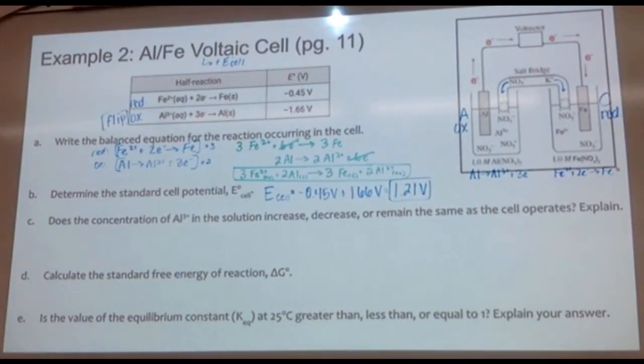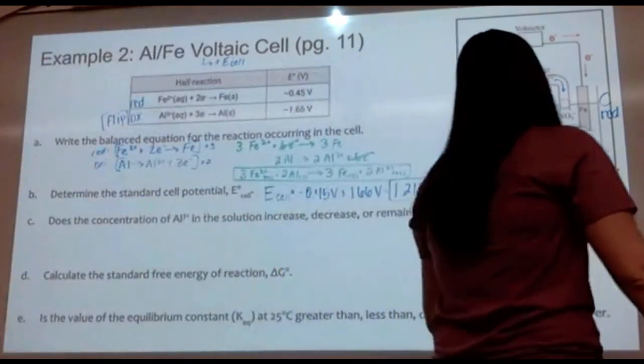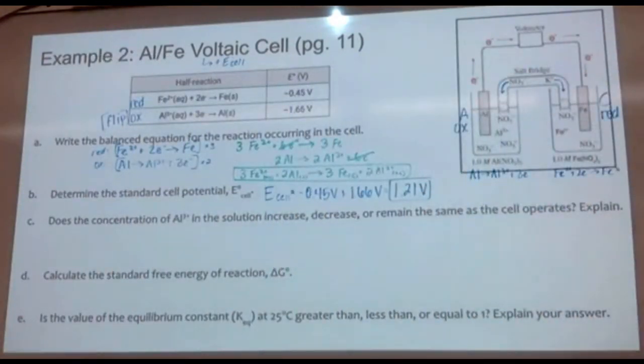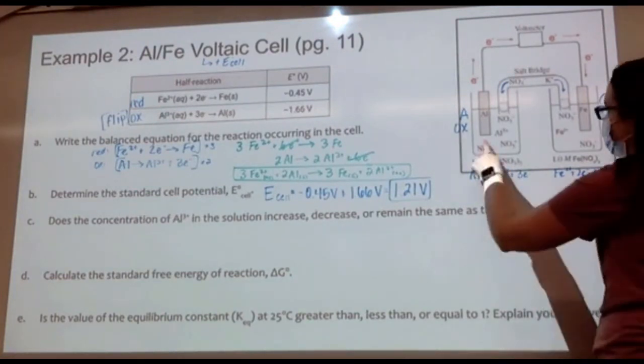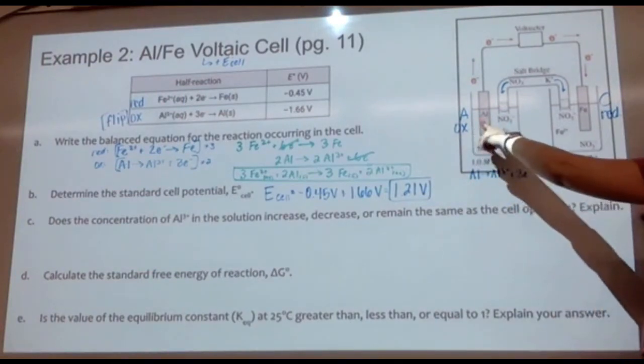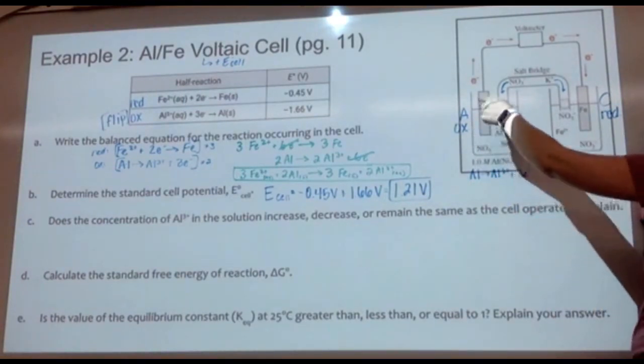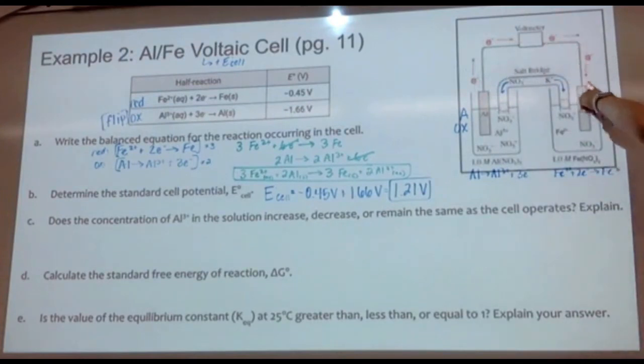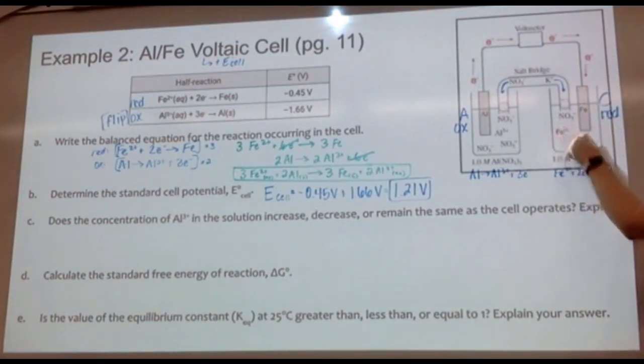So number 3, does the concentration of Al3+ in the solution increase, decrease, or remain the same as the cell operates? Explain. So let's think about what happens as this cell runs. We have oxidation occurring here. We have Al producing Al3+. The electrons go through the wire, come down to the iron electrode, where Fe2+ is reduced into iron.